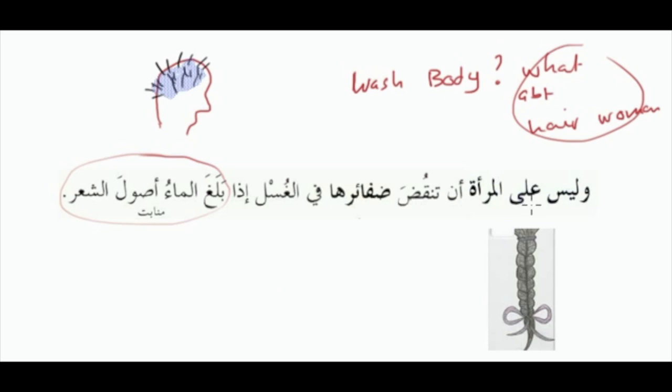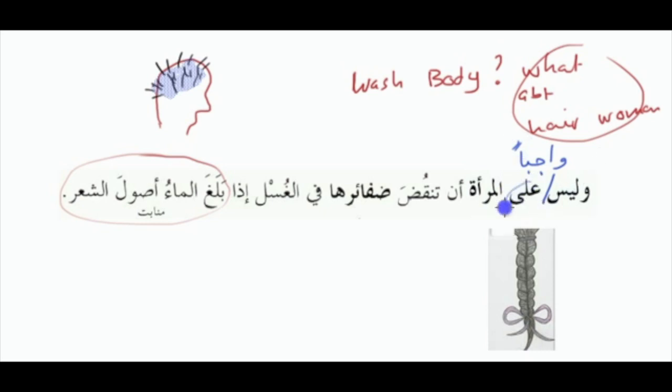There's just one more thing that I want to mention here, which is ala. When we translate this ala as upon the woman, it's not upon the woman. What does it mean? What is understood from that is it's not necessary, or we say it's not wajib or fard upon a woman.